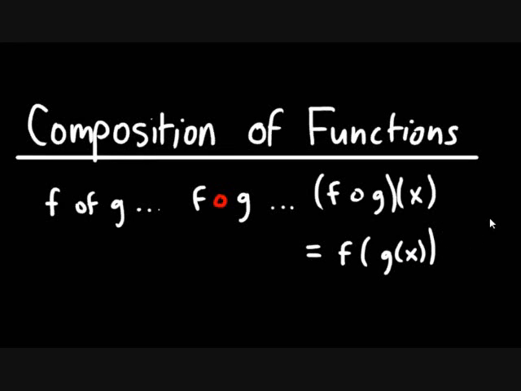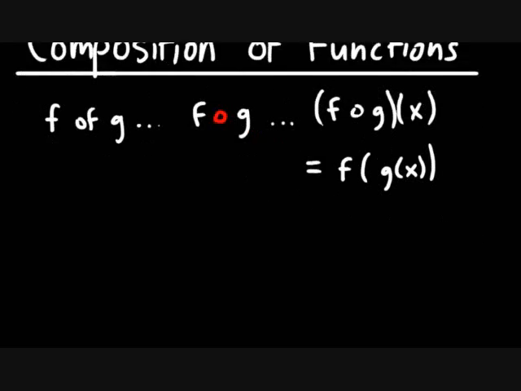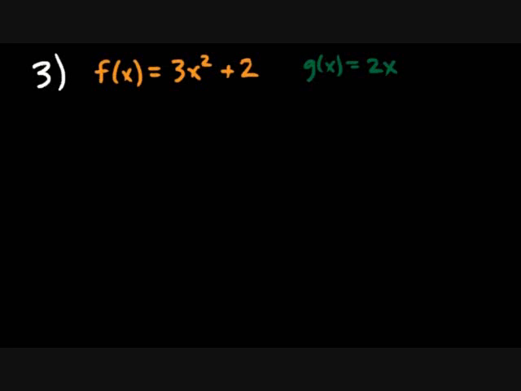So a composition of functions is kind of like a function within a function. Kind of like a dream within a dream. Anyway, I think some examples always help, so that's what we'll do next.